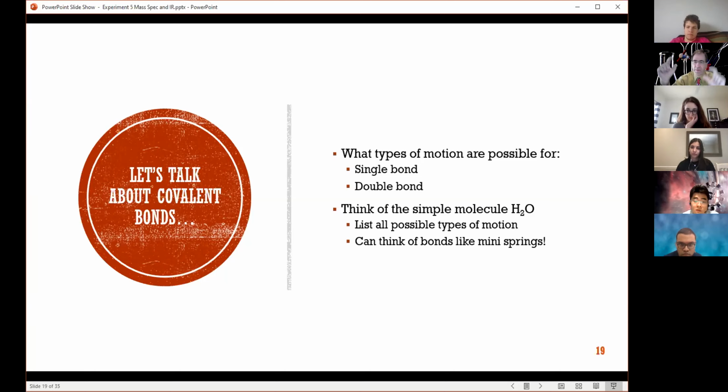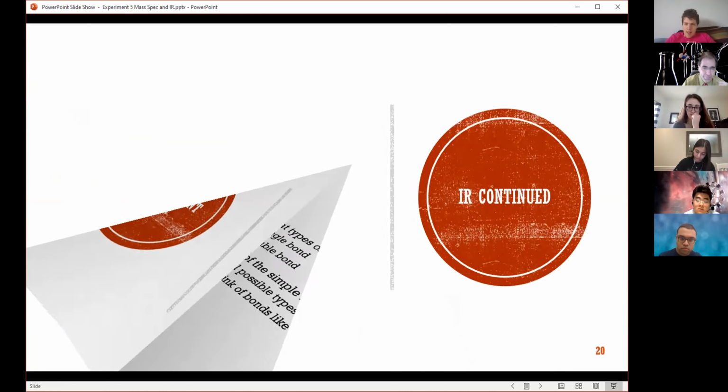IR is always making the professor do funny dances. I'm going to show this on Spartan in a second, it's easier. They can also bend in and out. So you've got your hydrogens, and that bond angle can actually change. We told you 109.5 degrees, or 104 in water, and it is, but it's actually an average. It actually moves. So you've got three different ways it can move.